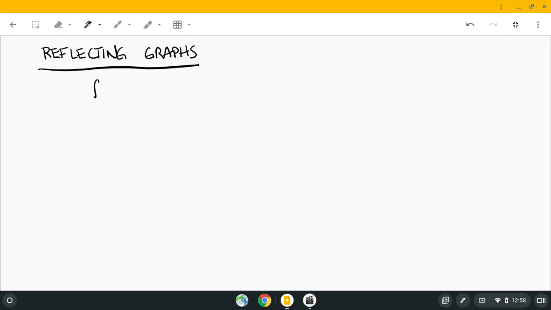If I have my parent function and I multiply that parent function by a negative number, then what happens is it reflects this parent function over the x-axis.